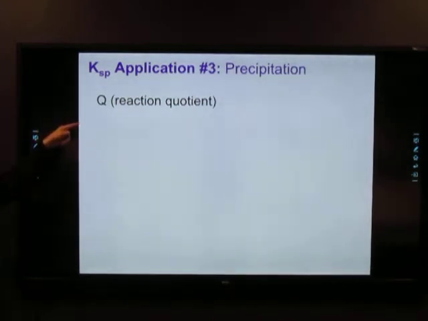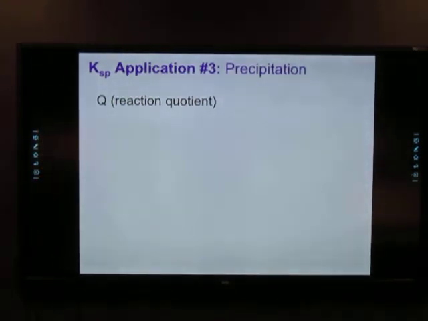And so we're bringing back this concept of the reaction quotient. This goes back probably to chapter 14.